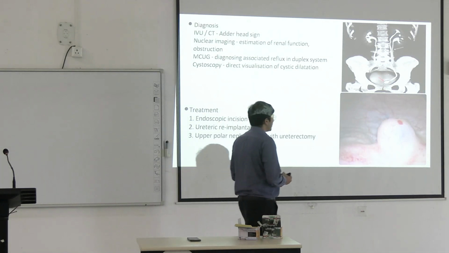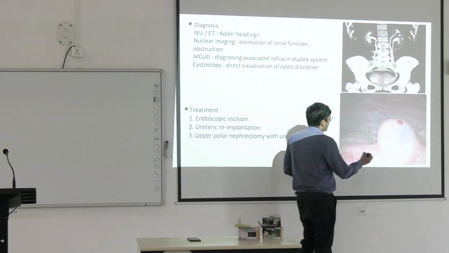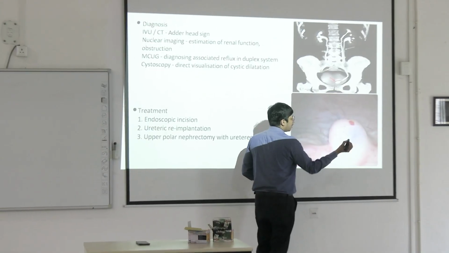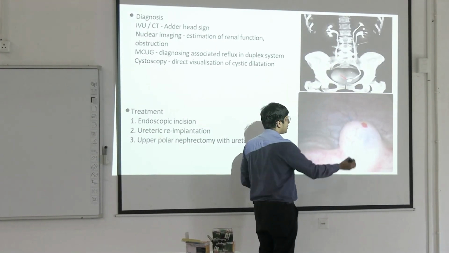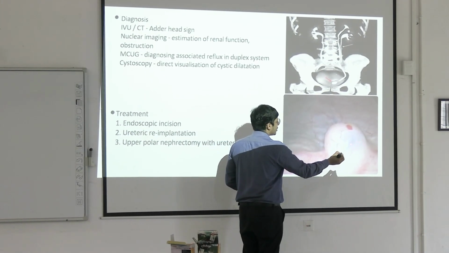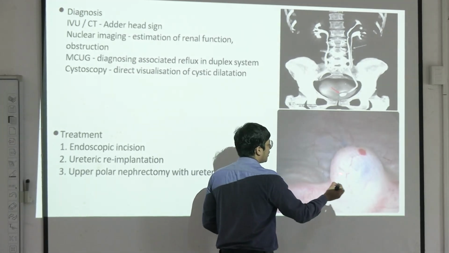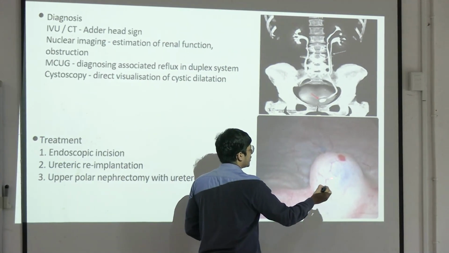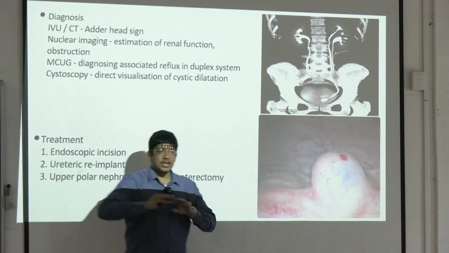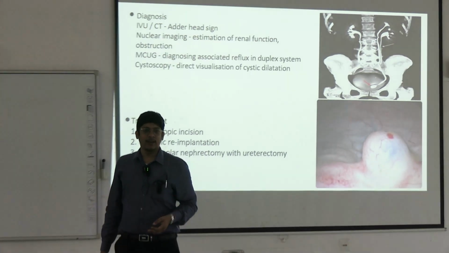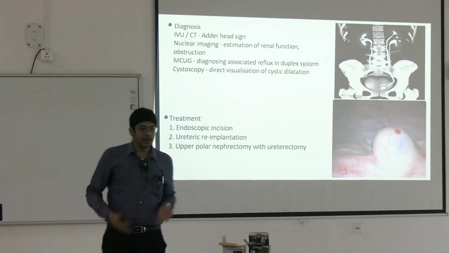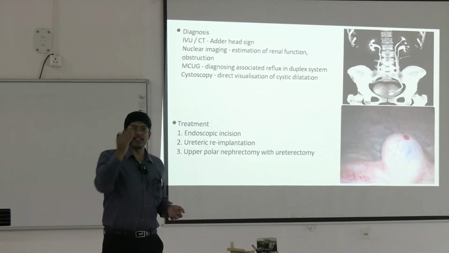How do we drain this system? We put an incision with a laser like this. There is a laser. We put an incision in this part of the cystic swelling. What does it do? It opens up the cystic swelling like a cover, it opens the curtain and it makes easy drainage.